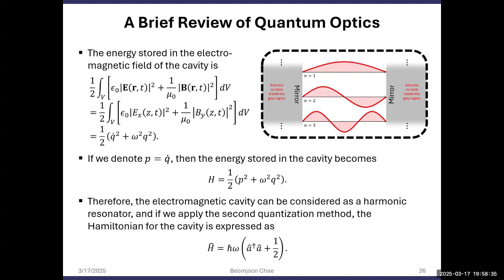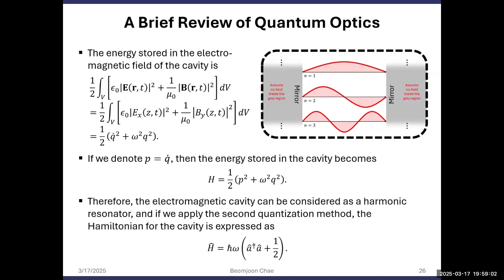Since it has a form similar to that of quantum harmonic oscillators, we can describe the dynamics of an electromagnetic cavity using the method we used for quantum harmonic oscillators.